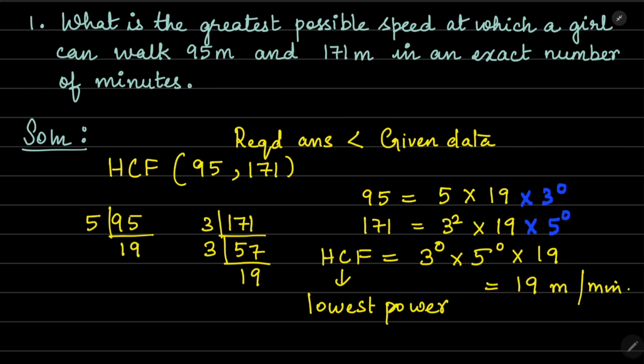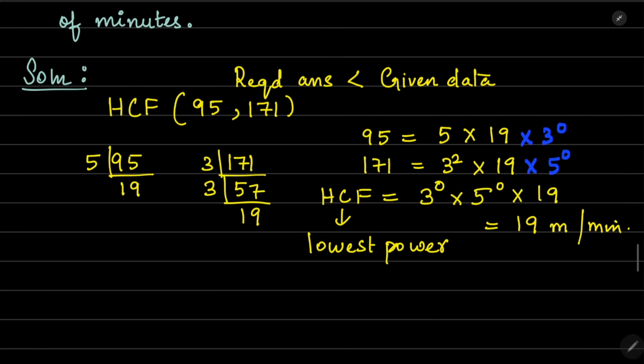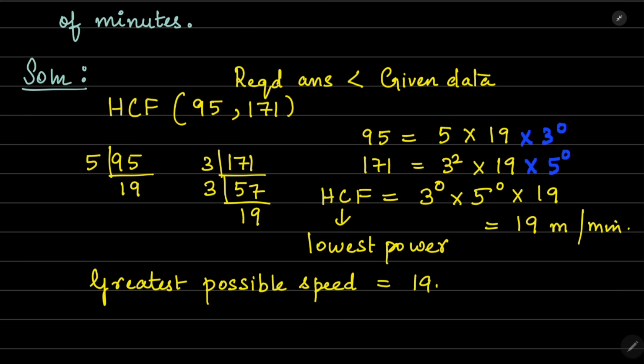The greatest possible speed with which the girl should walk, to make the number of minutes equal, is going to be 19 meters per minute. So you can write the answer here. The greatest possible speed will be 19 meters per minute.